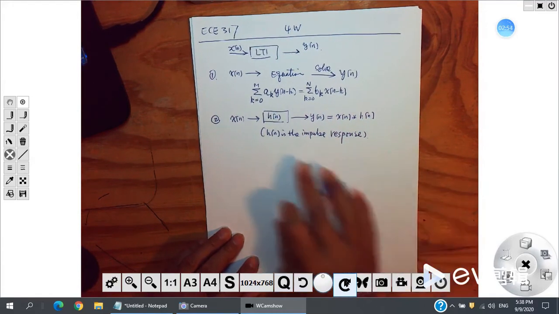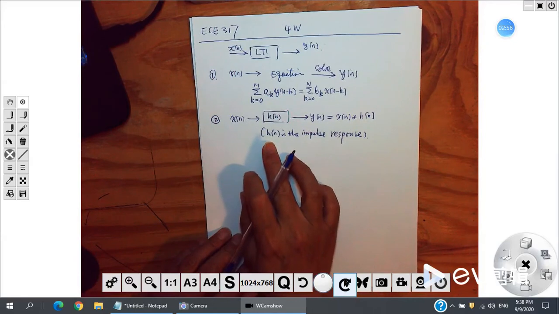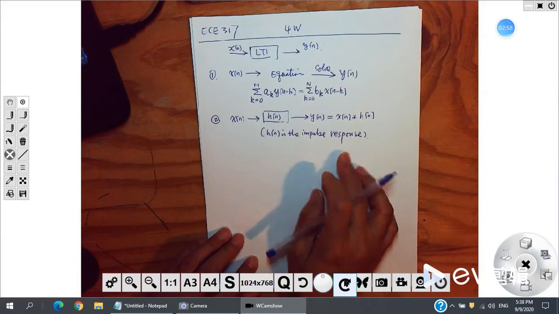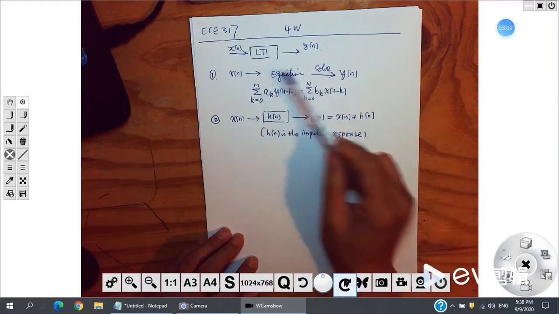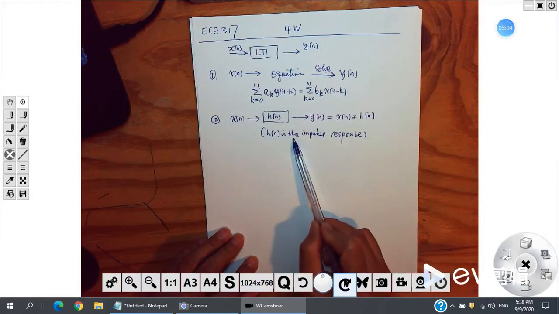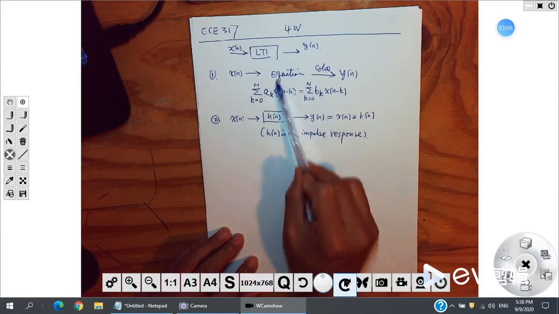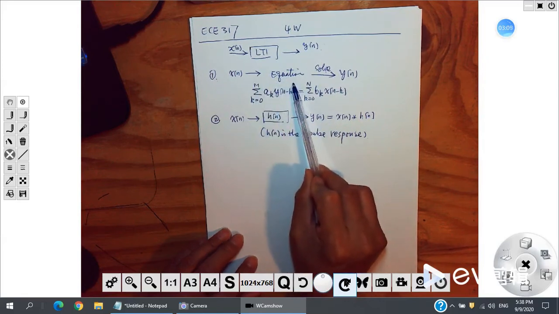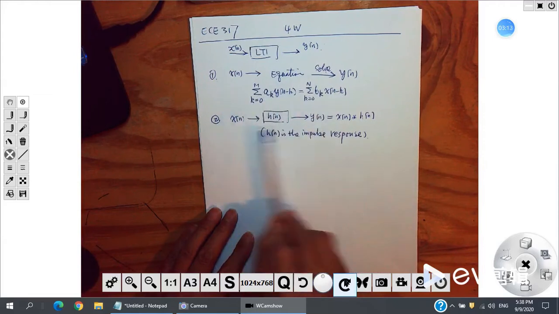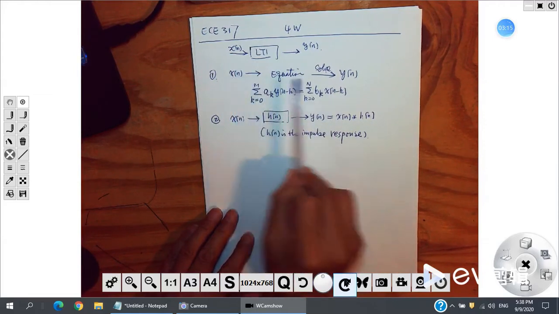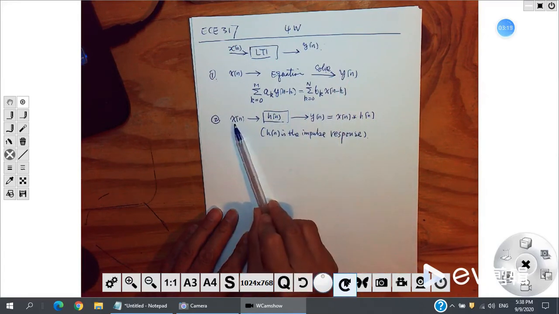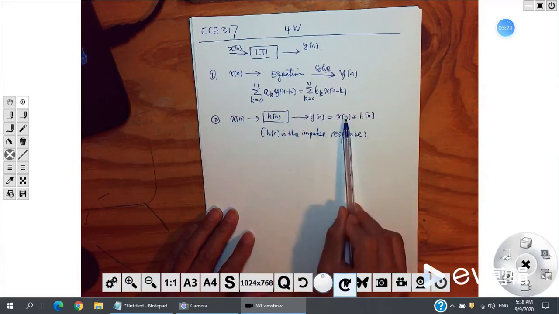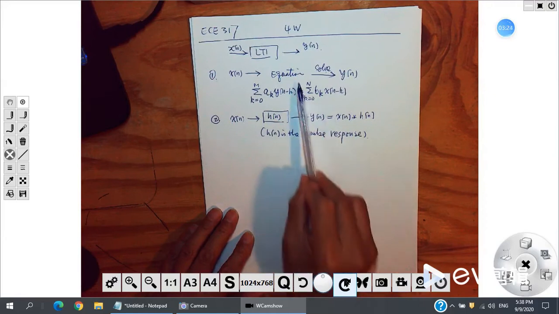But of course, you need to know the impulse response firstly. So you can use the first method to find the impulse response, but you do not need to use the first way for all the other inputs. If the input is an impulse, you solve it, you get h of n, the impulse response. Then for any other input, you just perform the convolution. You don't need to solve that.